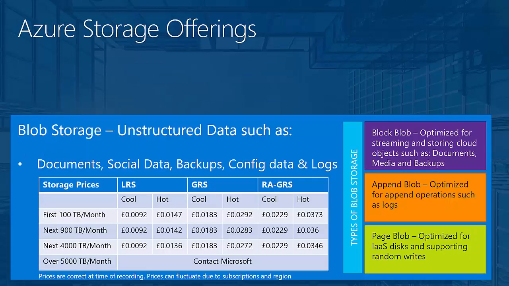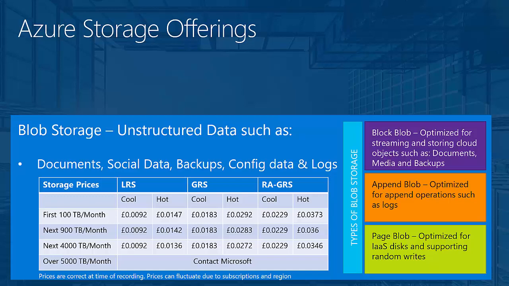Blob storage, sometimes referred to as object storage, stores unstructured data such as documents, media files, or application installers. Similar to your existing general-purpose storage accounts, they share all of the great durability, availability, scalability, and performance features that we're used to today. This includes 100% API consistency.